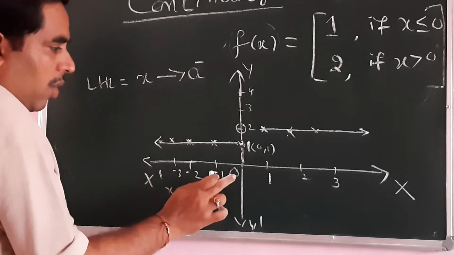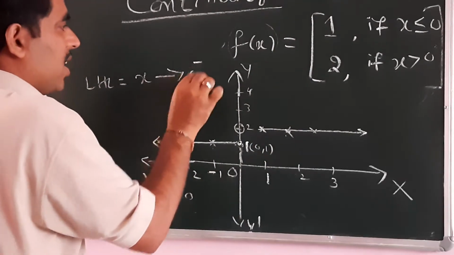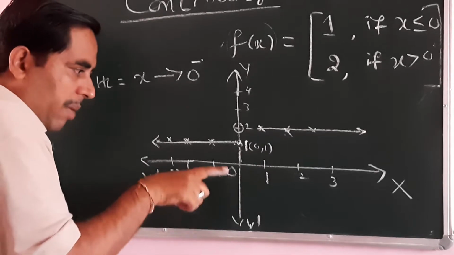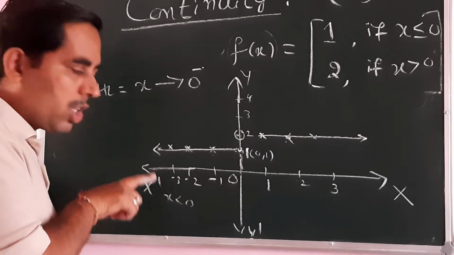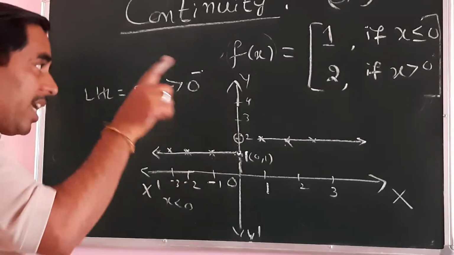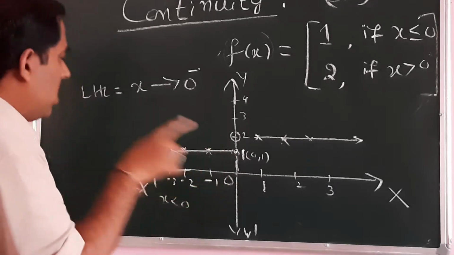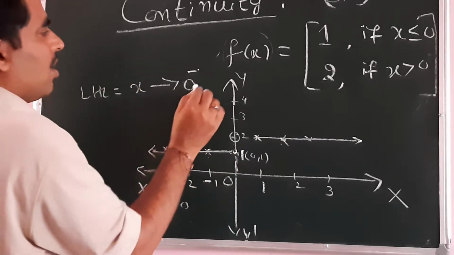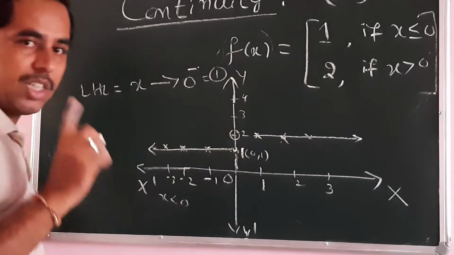The point I am talking about here is 0, so I can replace it here with 0 and put the sign minus. Observing here -1, -0.1, -0.001, as x is approaching 0 by taking values less than 0, the value of the function is 1. That means the left hand limit we are getting is 1. This is one observation.